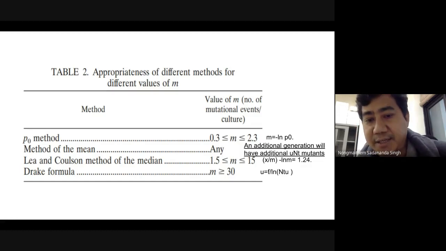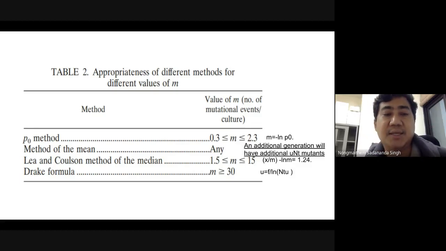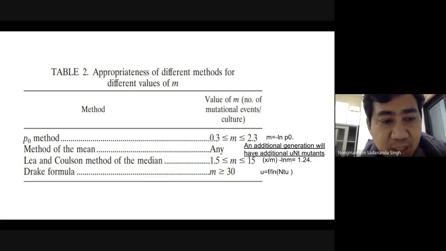If in the third generation you get 5, suppose, and in the fourth generation you have 6, that means the difference in the number is 3, correct? So that 3 is equal to mutation frequency times the total number of cells in the third generation. That will give you the mutation frequency or mutation number in that culture.